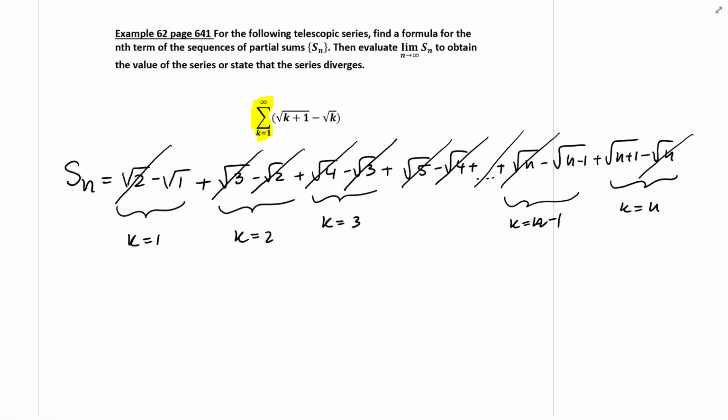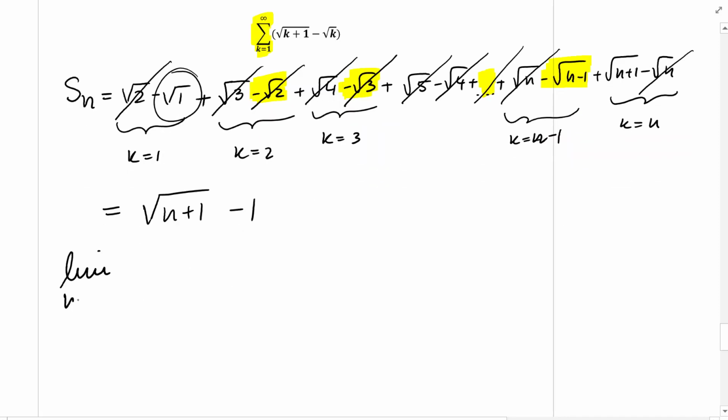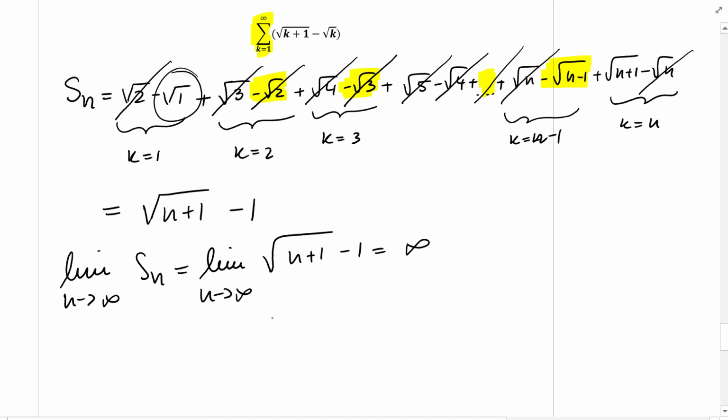So the negatives cancel with something in front. So this S sub n is actually equal to square root of n plus 1 minus 1. So the limit as n is approaching infinity of S sub n is the limit of square root of n plus 1 minus 1, which is actually equal to infinity. So the series diverges. I hope this helps.